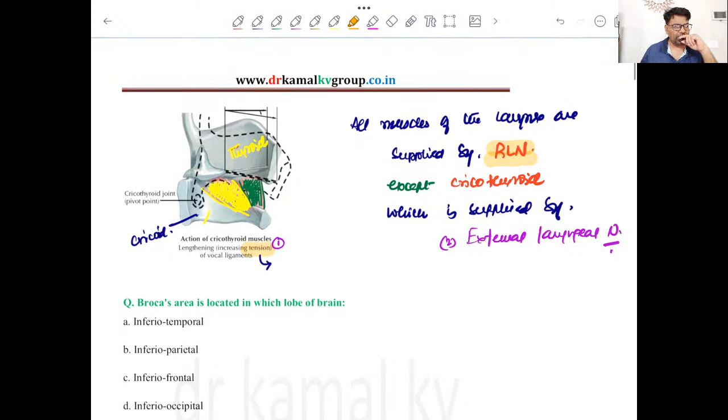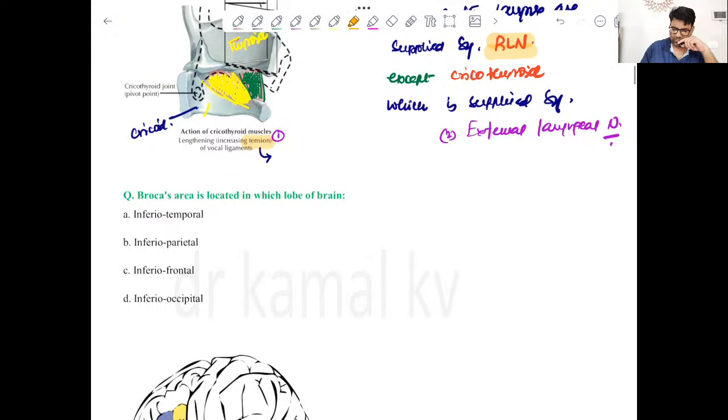Now Broca's area. Okay, Sneha, you are absolutely right for Wernicke's, but for Broca's you need slight correction. Broca's area is inferior frontal, right?